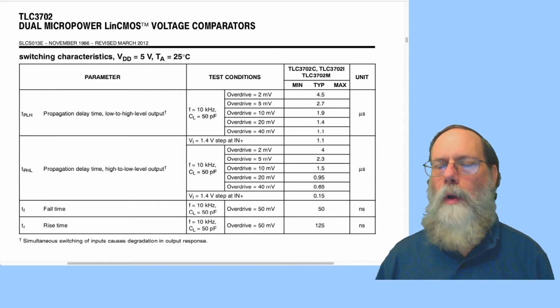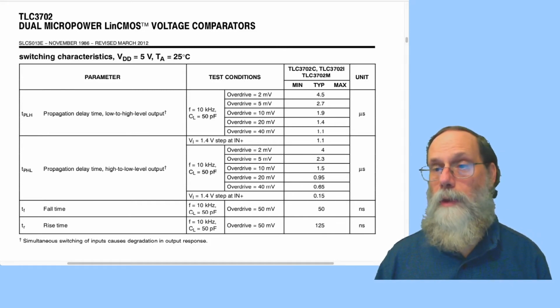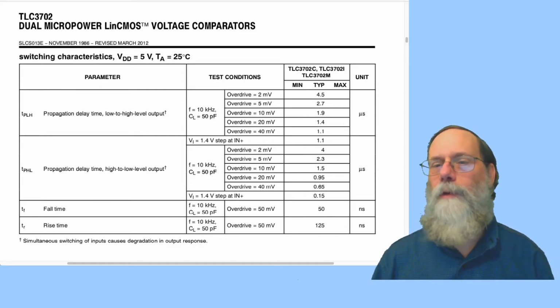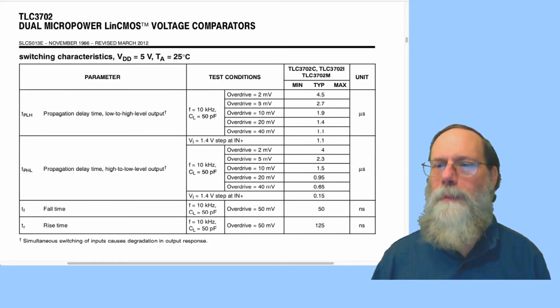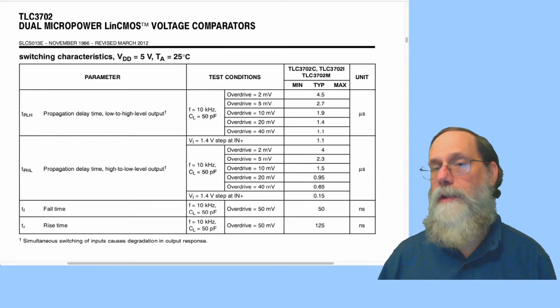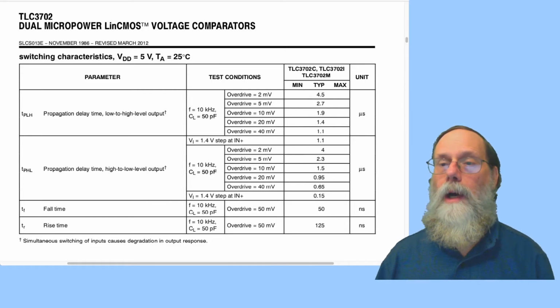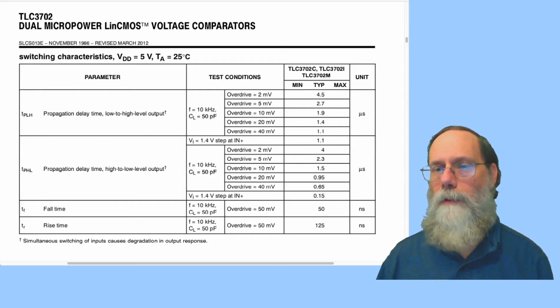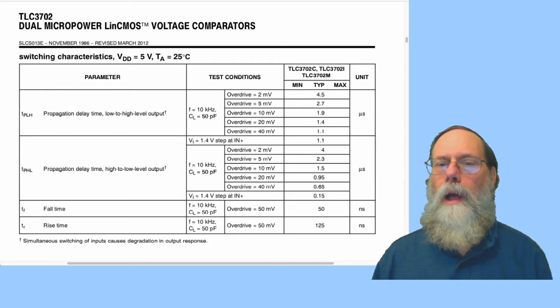That's how big the differential input into the comparator is. If it was 0 volts, that's where it's supposed to switch. 50 millivolts means I'm clearly well past the point where I'm supposed to be switching. And here they give the rise and fall times as 125 nanoseconds and 50 nanoseconds. Those are pretty good numbers for driving a small capacitance.